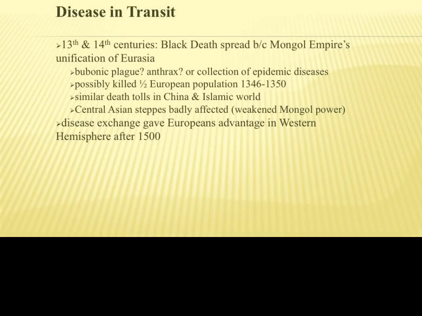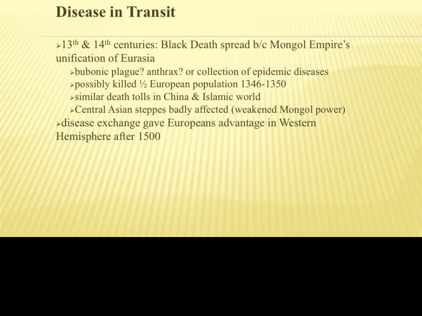I don't remember the Latin name, but it was from the fleas on the rats that traveled along those trade networks. And the Mongol Empire unifying a great portion of that, the largest land empire in history, in the 13th and 14th centuries really had a lot to do with how far and how wide that spread.